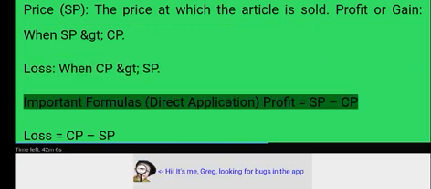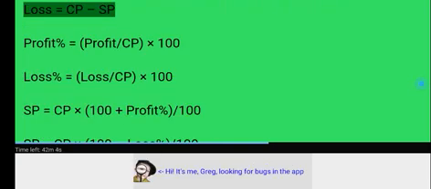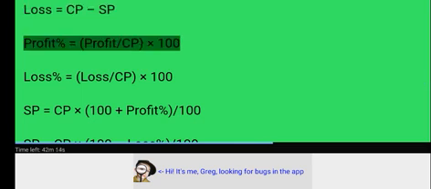Important formulas, direct application. Profit equals SP minus CP. Loss equals CP minus SP. Profit percent equals profit divided by CP, times 100.